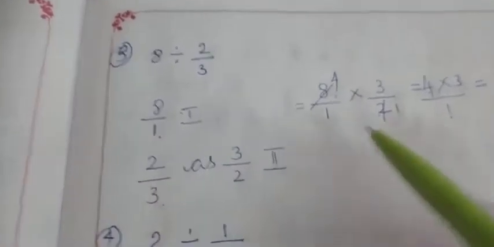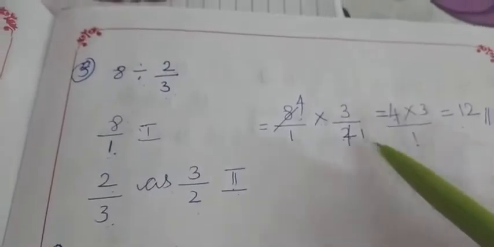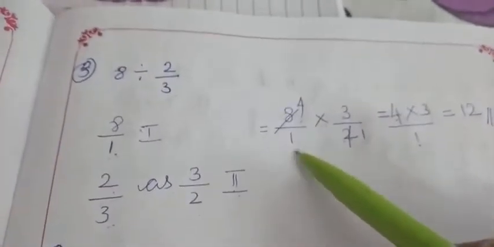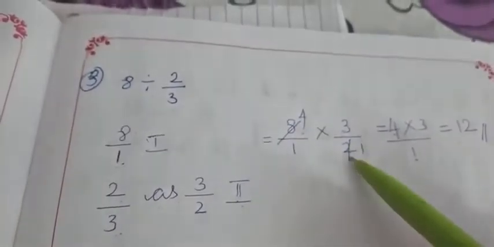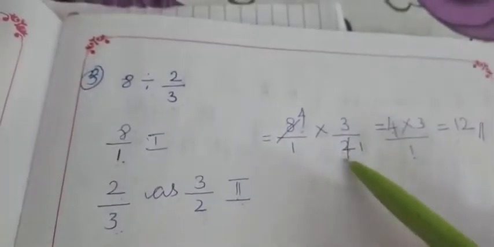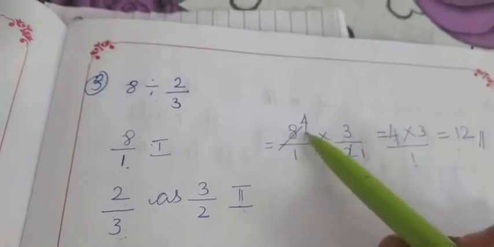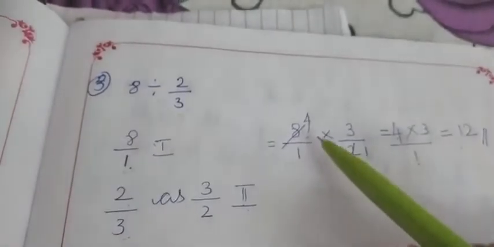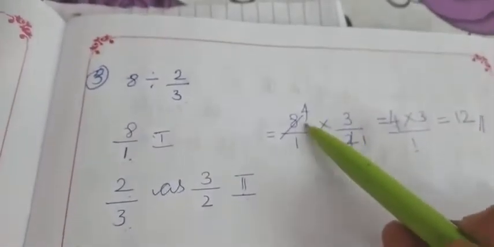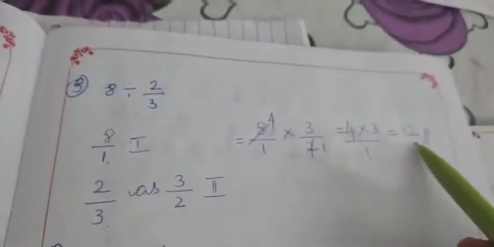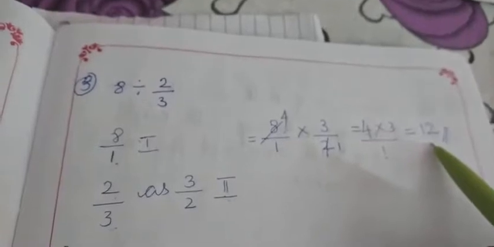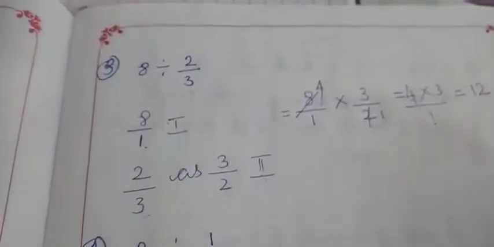In step number 3, we have to use shortcut method to cancel by using the common factor tables. So 1 2s are 2, 4 2s are 8. This is cancelled. Now what is remaining? 4 is multiplied by 3. 4 3s are 12. So 12 is the answer. Understand students this sum? Okay.